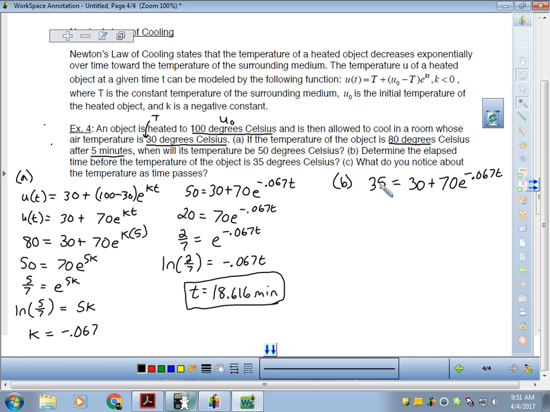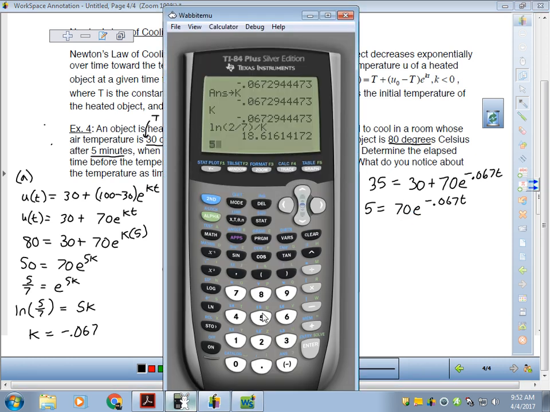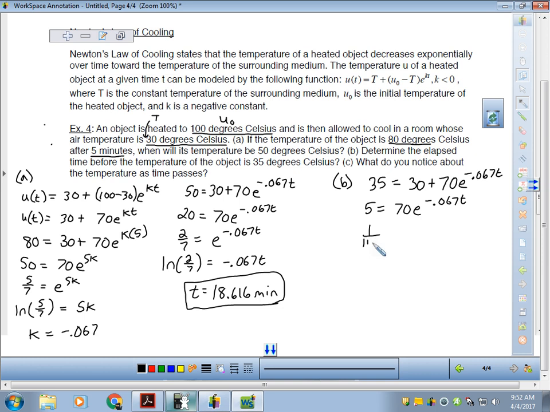Subtract the 30 across. 35 minus 30 is 5 equals 70 e to the negative 0.067t. Divide the 70 across, and just so you can see, 5 divided by 70 is this decimal, but I can change it to a fraction really quick. It's 1 over 14. So 1 over 14 equals e to the negative 0.067t.